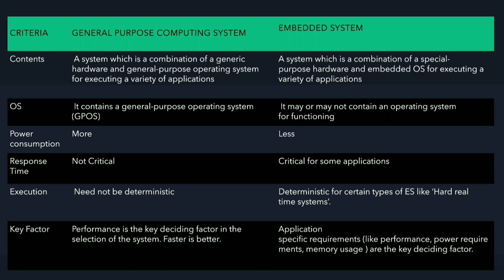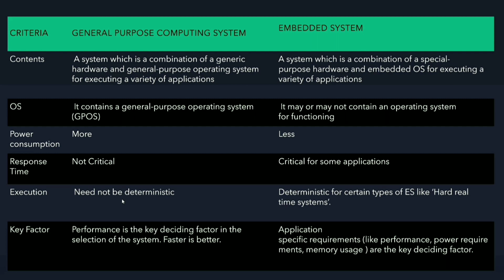For the power consumption, the general purpose computing system consumes more power compared to the embedded system. The embedded system always consumes less power. According to the response time, the general purpose computing system is not critical, whereas the embedded system is critical for some appliances. On the criteria of execution, the general purpose computing system need not be deterministic, whereas the embedded system has to be deterministic for certain types of ES like hard real-time systems.